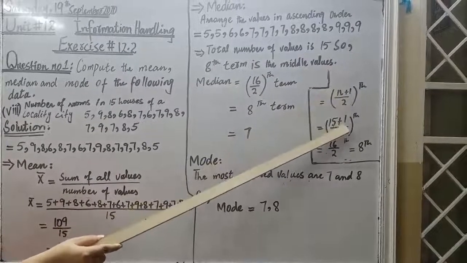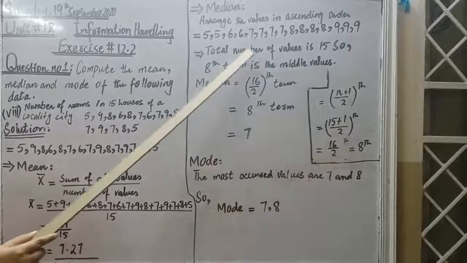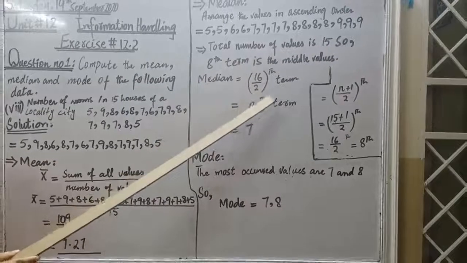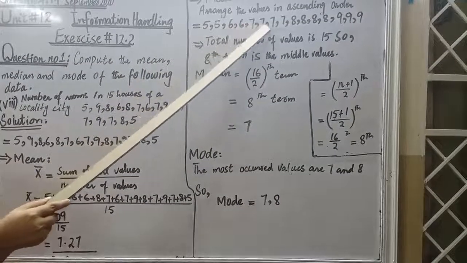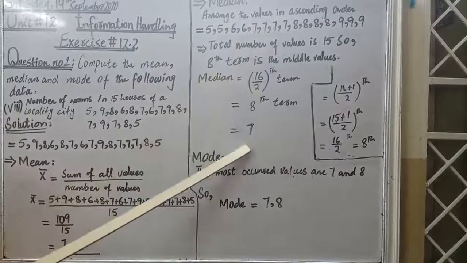So 15 plus 1 divided by 2, 16 divided by 2 is 8. So the 8th term is the middle value. Counting 1, 2, 3, 4, 5, 6, 7, 8, our 8th term is 7. So our median is 7.